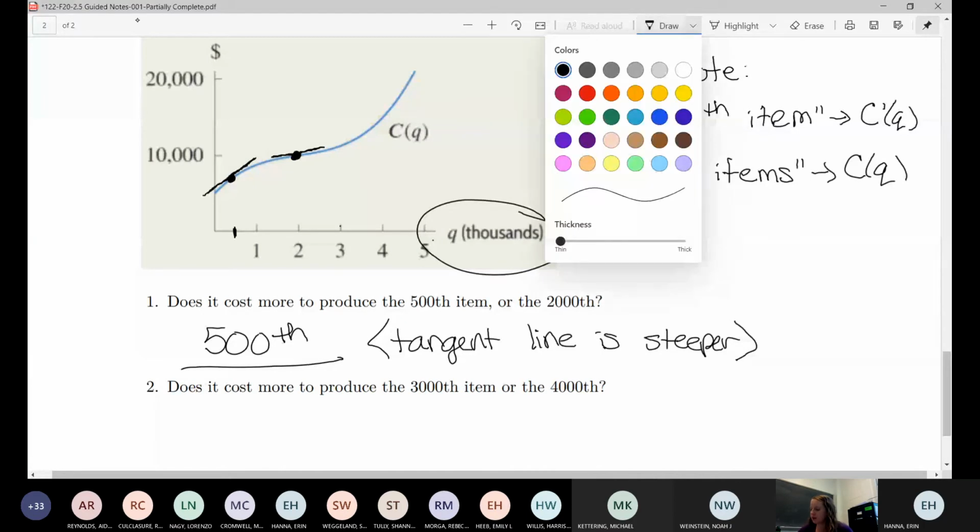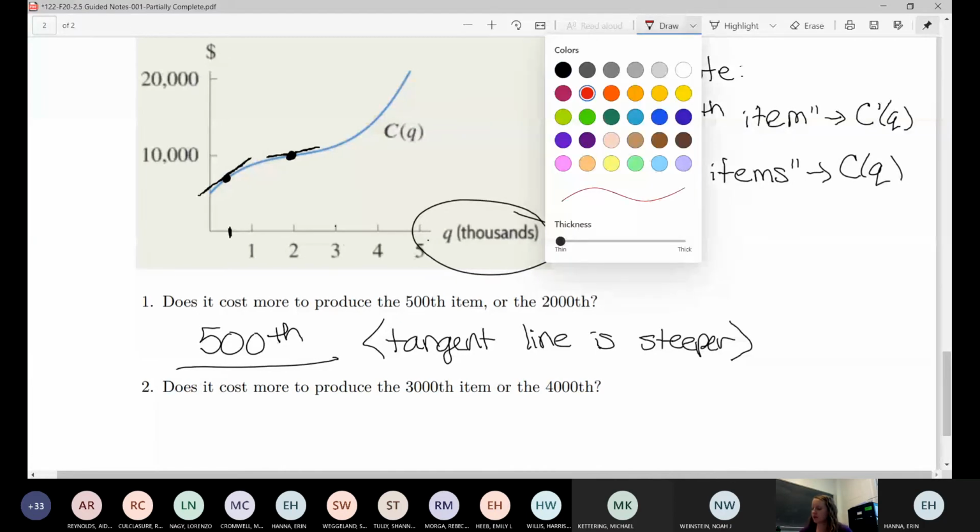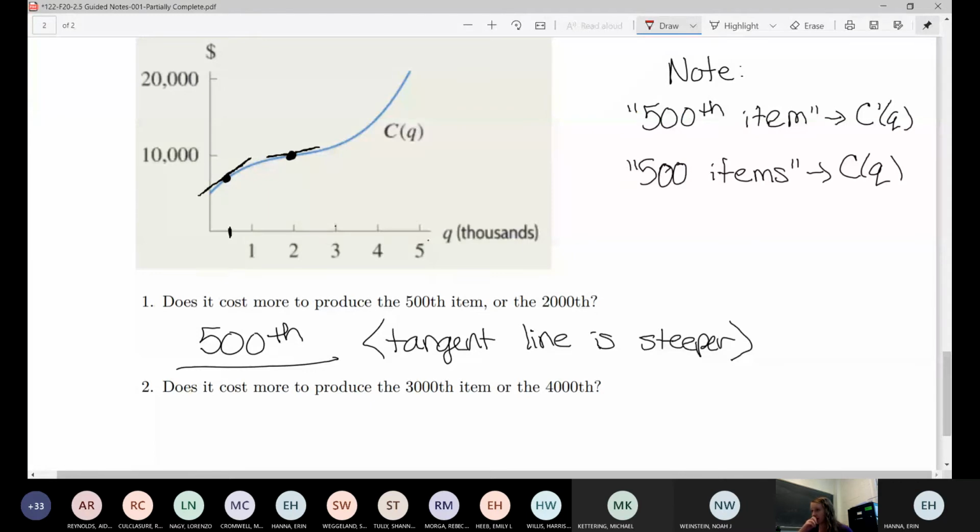Let me change colors so I don't have too many of the same color line floating around here. What about the cost to produce the 3,000th versus the 4,000th? Again, I'm going not quite at 3, but if you went at 3 just for your sanity, it would be okay. And around 4.